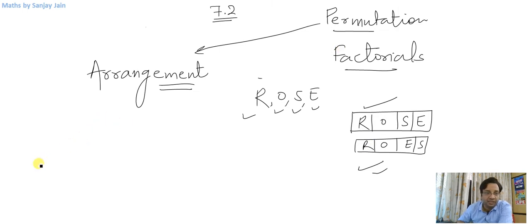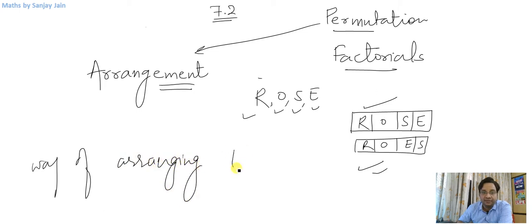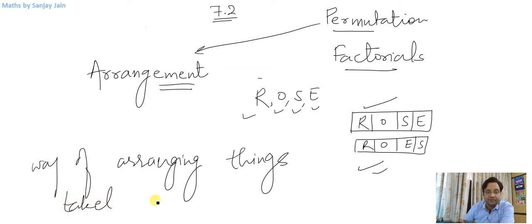So permutation is a way of arranging things taken all at a time or some at a time.